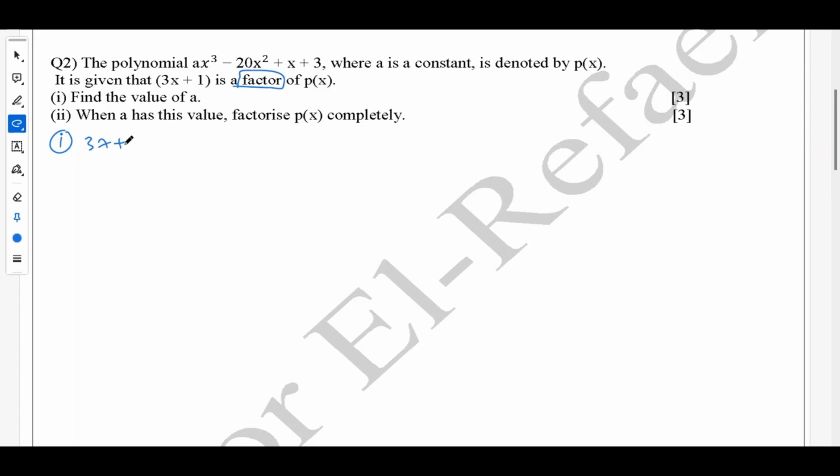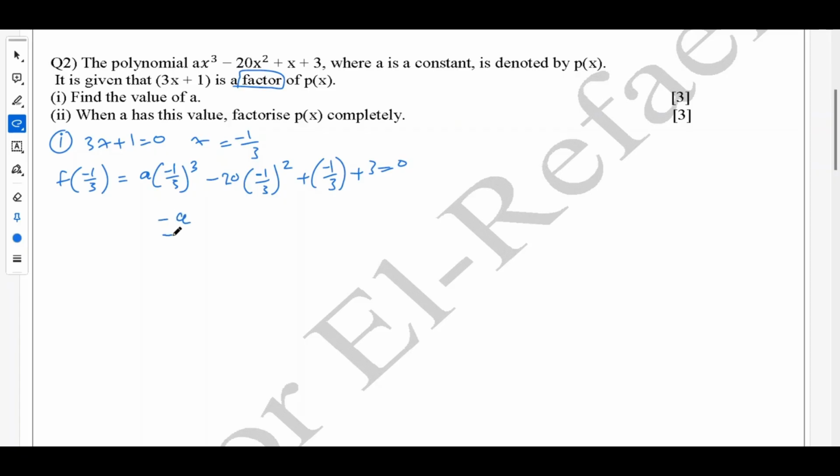3x plus 1 equals 0, so x equals negative 1 over 3. f(-1/3) equals a by negative 1 over 3 cubed minus 20 by negative 1 over 3 squared plus negative 1 over 3 plus 3 equals 0.